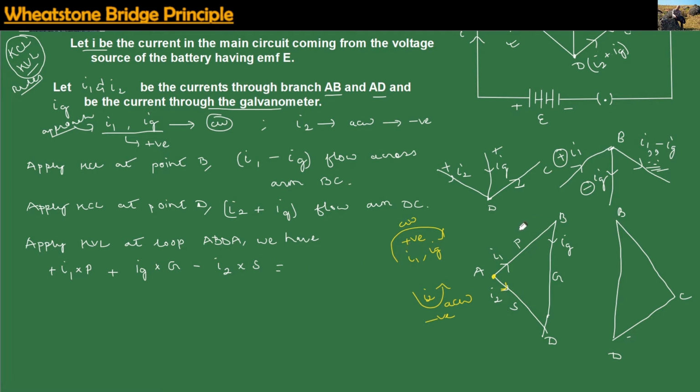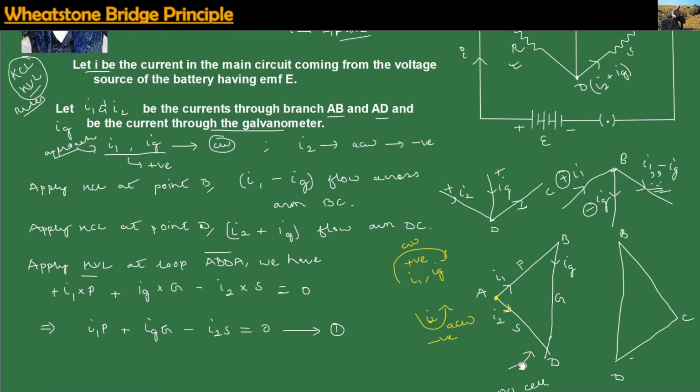On this network there is no voltage source, which means there is no cell. If there is no cell, the EMF of this loop ABDA will be equal to 0. So applying Kirchhoff's voltage law on this loop, I1P plus IGG minus I2S will be equal to 0. Let us mark this as equation number 1.